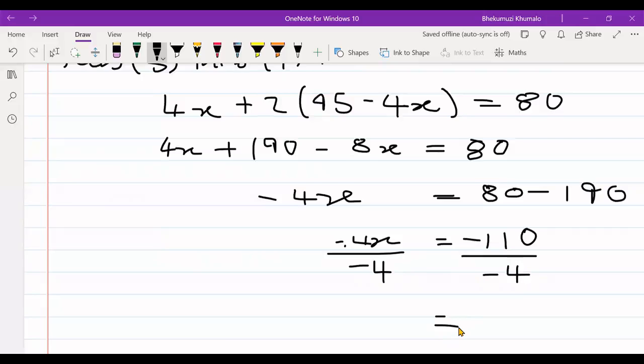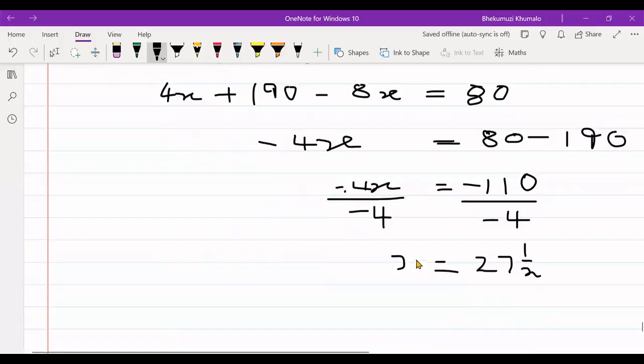And this would give us a positive number. So this is 110 that is being divided by 4. And that gives us 27 and a half, right? And that is your x. It's 27 and a half, or you can say it's 27.5.